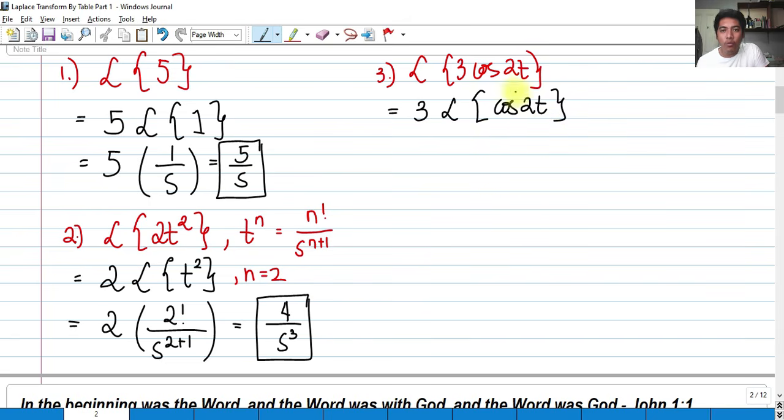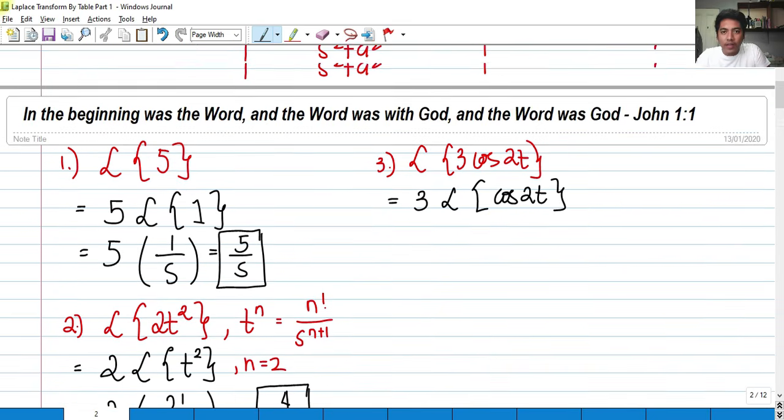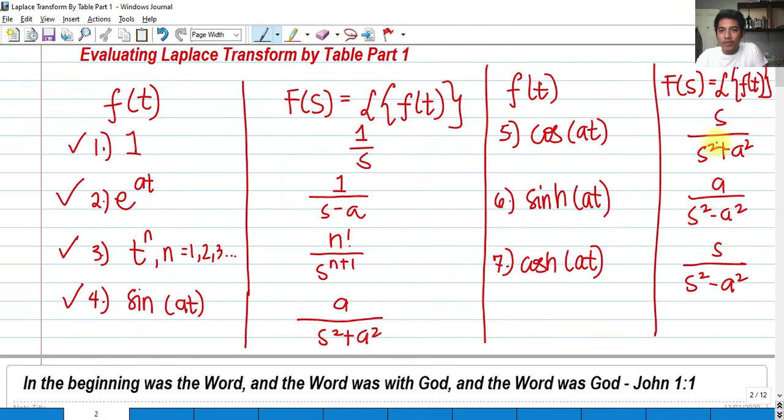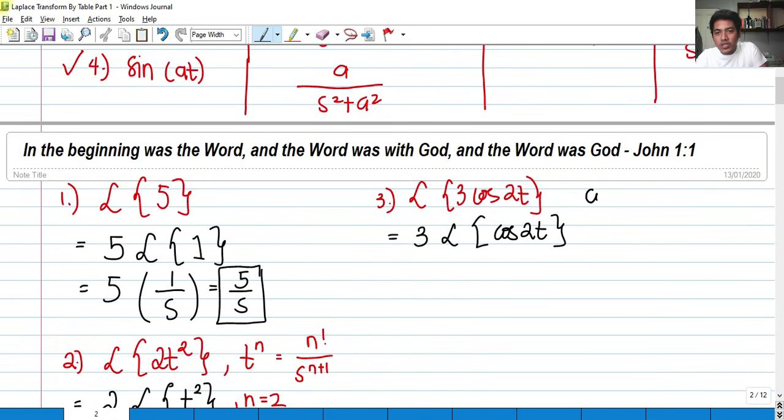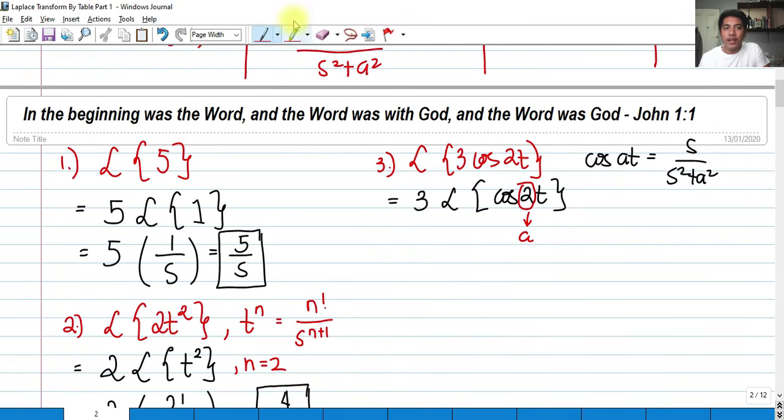So, how would we evaluate this? According to our table, if you are not familiar, cosine at is evaluated as s over s squared plus a squared. And from our formula a while ago, we know that this 2 here is our value for a. So we directly substitute it from our table.